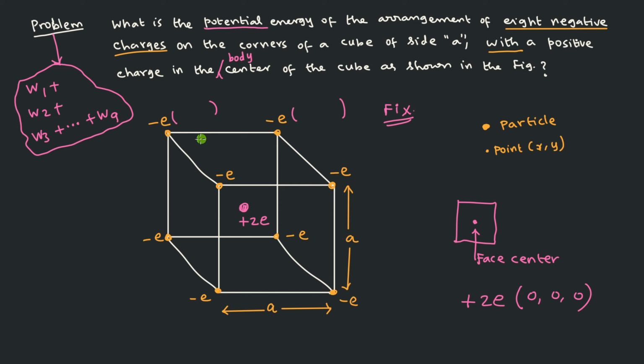Now in particular, instead of saying R1, R2, R3, we say that they are kept on the corners of a cube. And Q1, Q2, Q3, all of them can be identically the same, that means everything takes the value of minus E, because charges come in two flavors, a negative charge and a positive charge. So you have an option of having a positive charge like plus 2E at the center here, or the minus of some number.